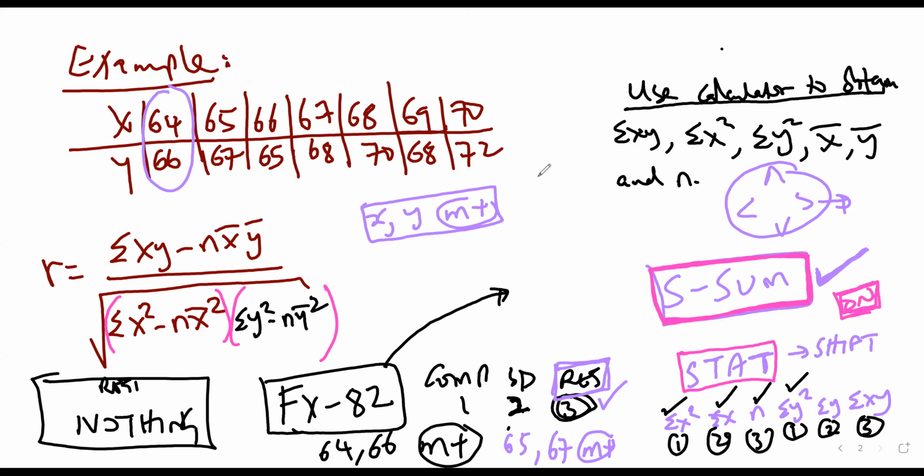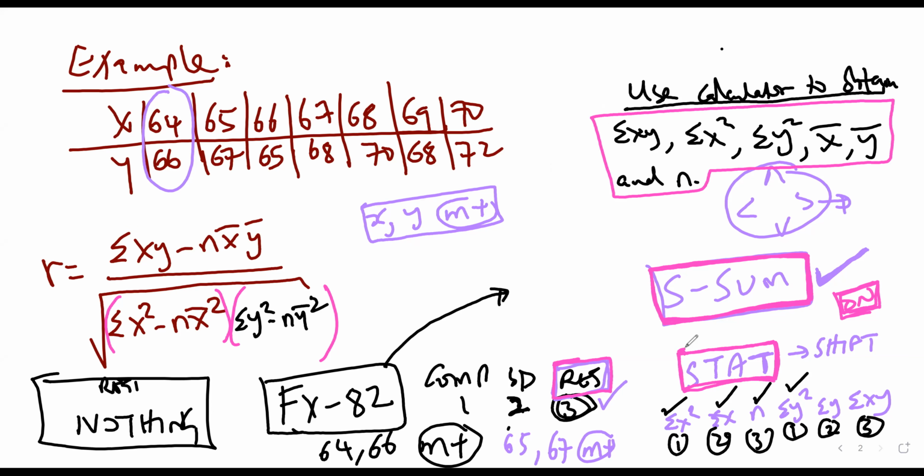So in order to solve this problem, we need to obtain these items. And we can quickly obtain these from calculators using the regression mode on FX82 calculator, or using the stat mode in the other calculators.